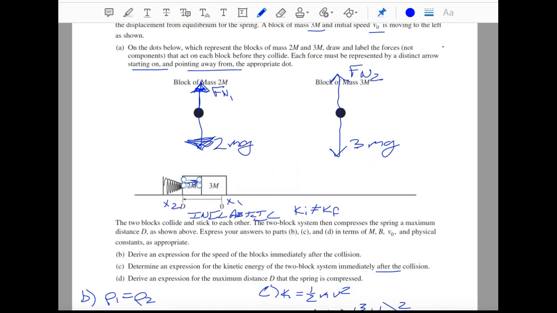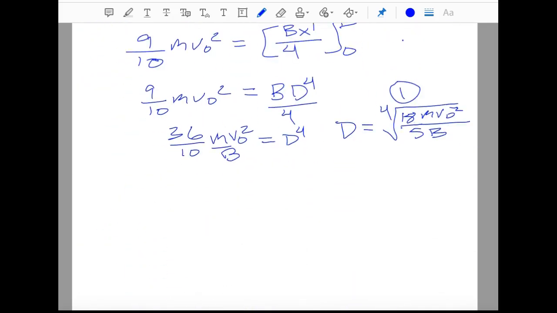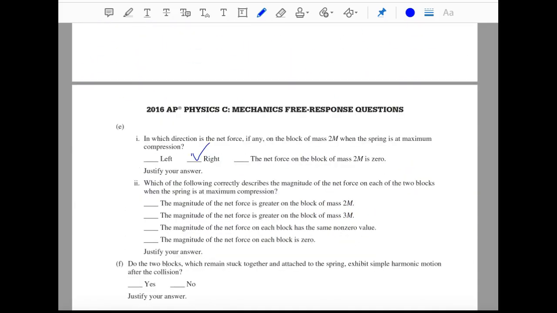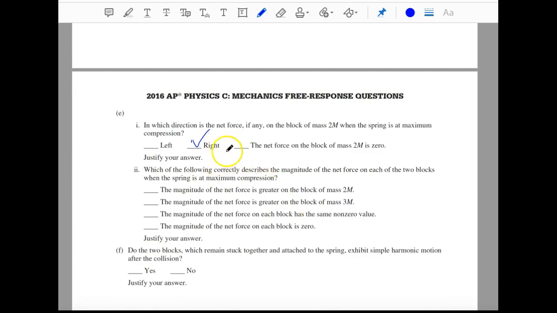So we need to say that there's a maximum compression. The block of mass 2m has an acceleration to the right because all those forces are acting on that 2m mass, and the acceleration is going to the right. So that's a pretty easy thing to see.